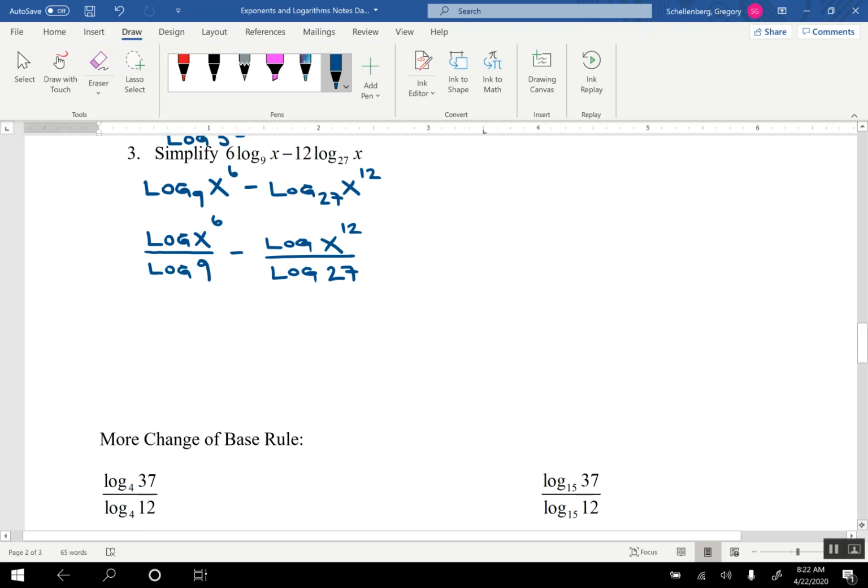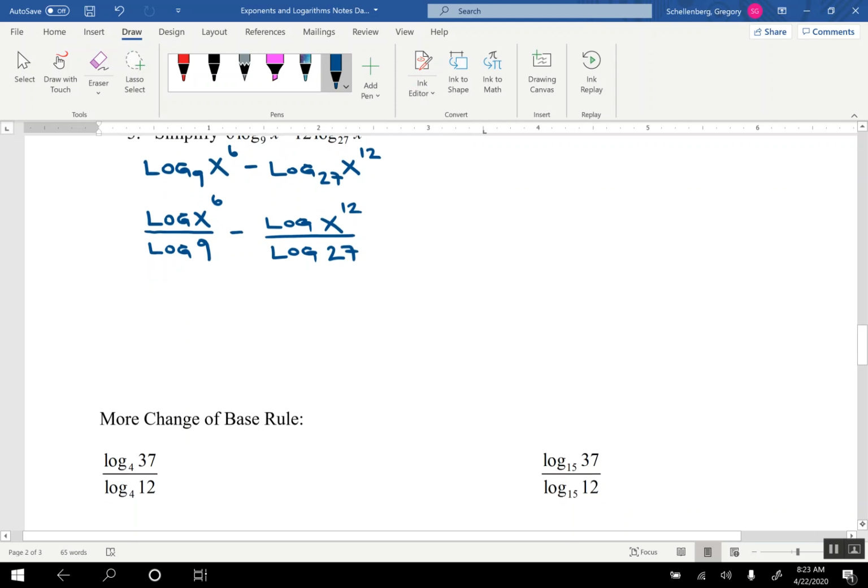I'm looking at the log of 9, I'm looking at the log of 27. I don't have a common denominator, but what I notice about 9 and 27 is each of those numbers can be rewritten as a power with a base of 3. Okay, so that's going to be my next step here. We're not going to touch the numerator to begin. So we've got the log of x to the power of 6.